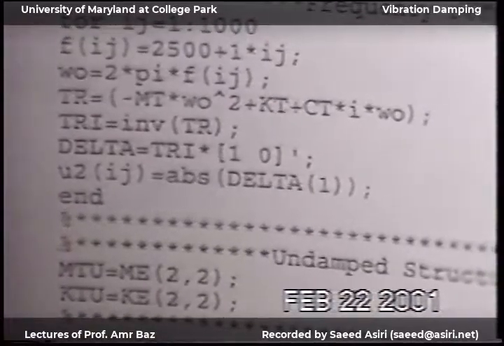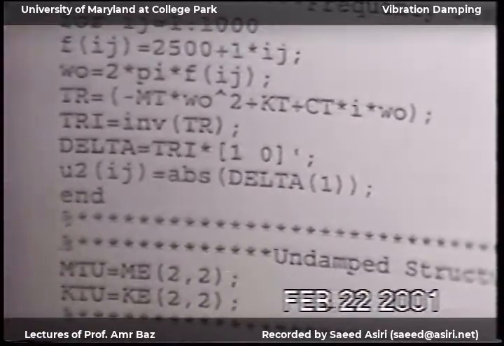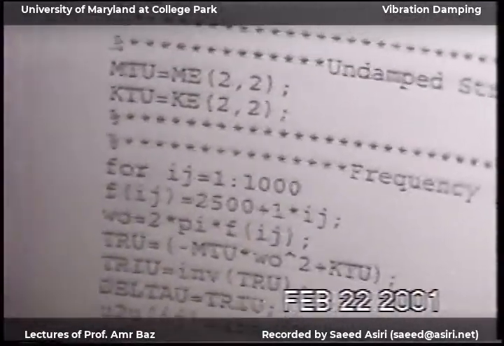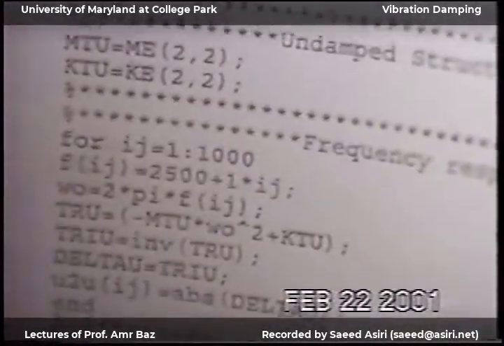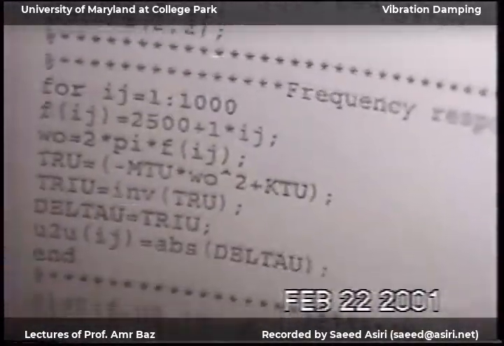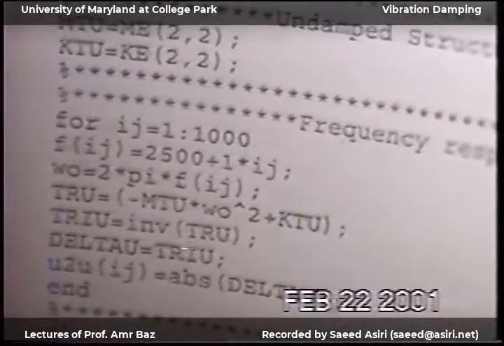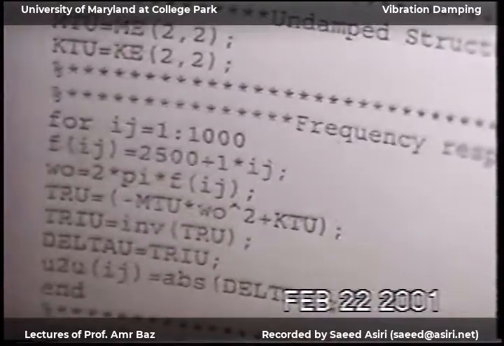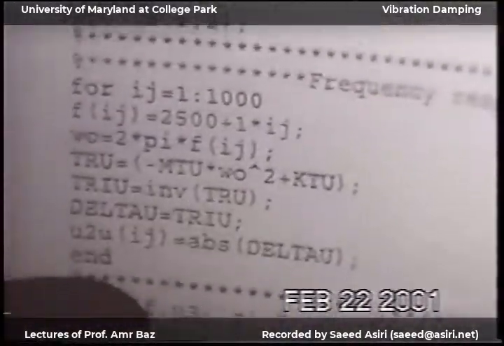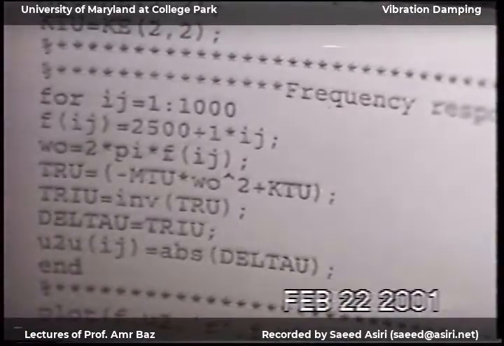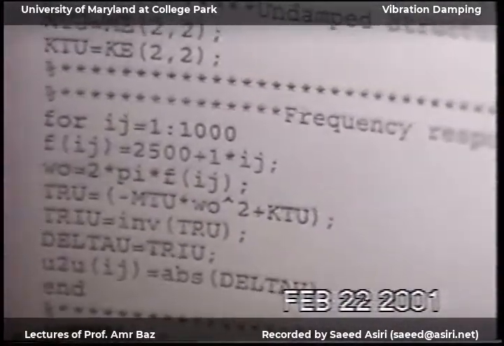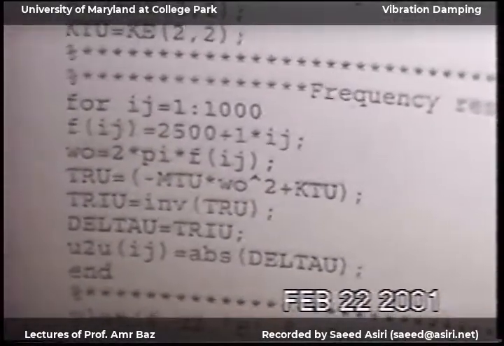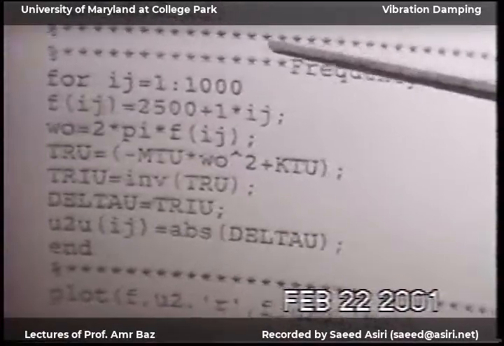So now I did frequency response for this structure. And I did the same if I don't have any damping. If this viscoelastic material is there as a dead weight, it does not have any damping. No damping, undamped case. So I have the mass matrix and the stiffness matrix. And then I do the frequency response.